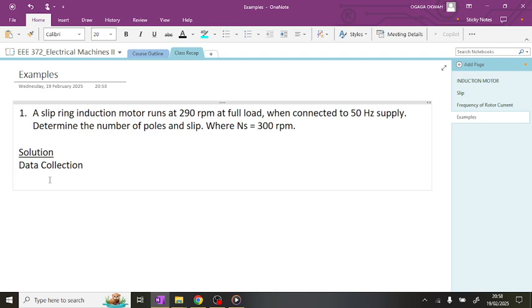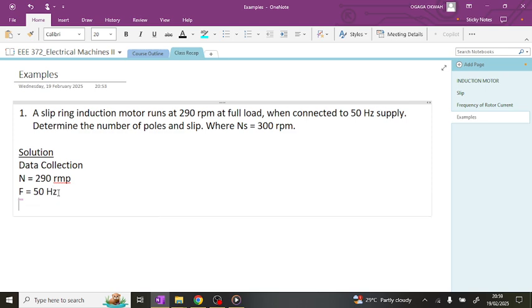So data collection. Let's just go through the lines. We have 290 rpm, and what is this? It is the speed at which the induction motor runs, so this is the rotor speed, which is denoted with N. So N is 290 rpm. What else do we have? When connected to 50 hertz supply, that means our supply frequency f is 50 hertz.